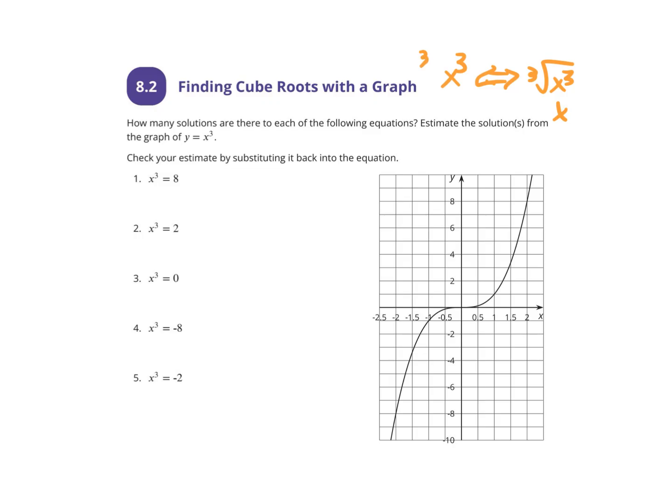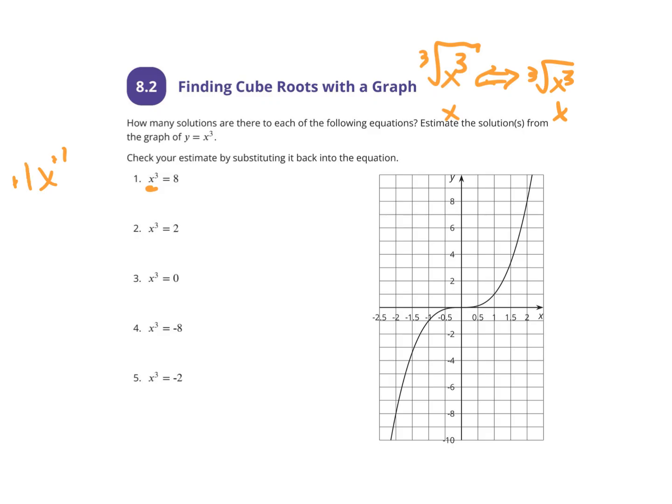So if we take the cube root of x cubed, it will give you x. And if we had the cube root of x and we cube it, you get x out.